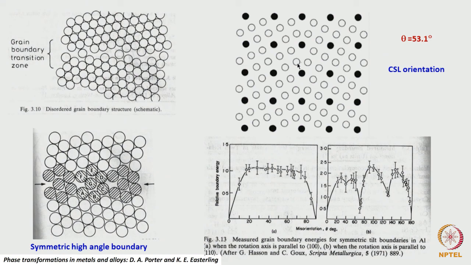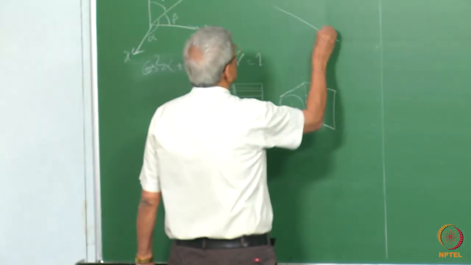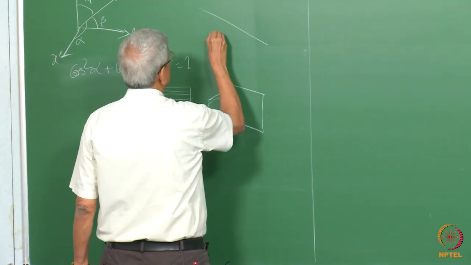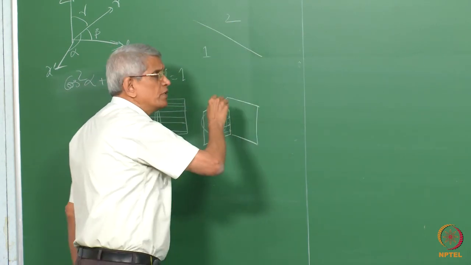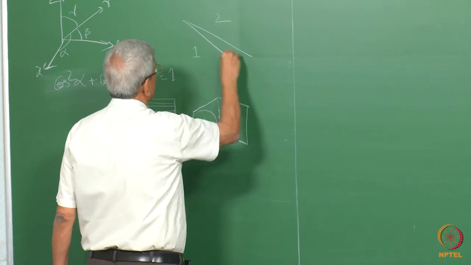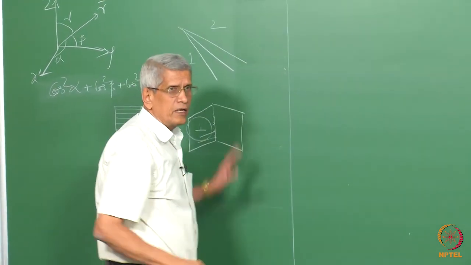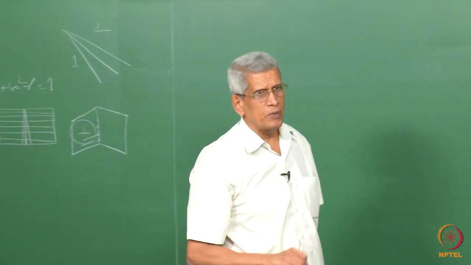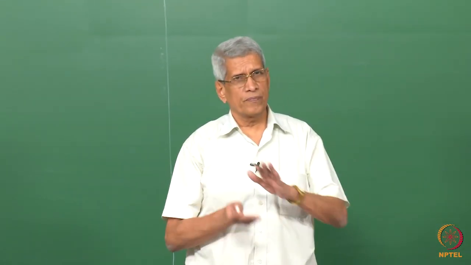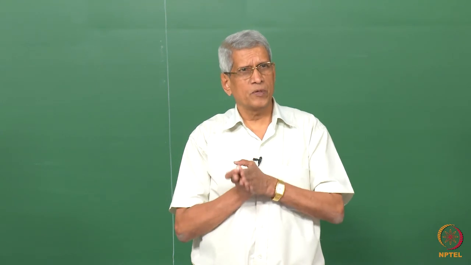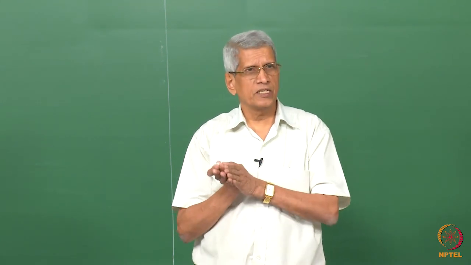That is, what we can see is that if we have two crystals, that is grain 1 and grain 2, we can have a grain boundary here or a boundary there with different types of misorientation between them locally. When we choose them, depending upon the misorientation, the boundary energy can change.